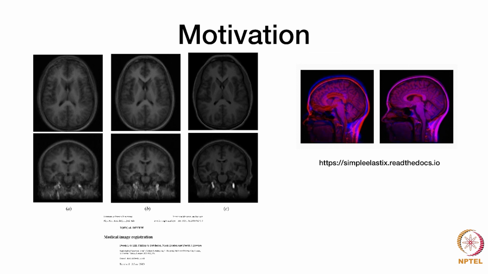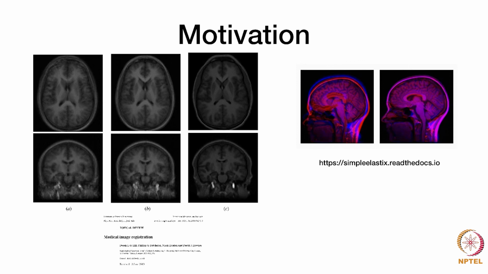Okay, so there is a wide variety of applications for image registration. The important application being that you would want to align the same patient's image taken at different time points or with different scanners, or you would like to align a bunch of patients' scans in order to produce an average scan that you can compare other patients with.